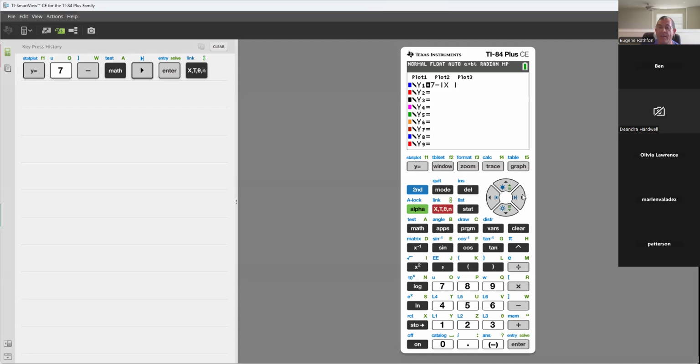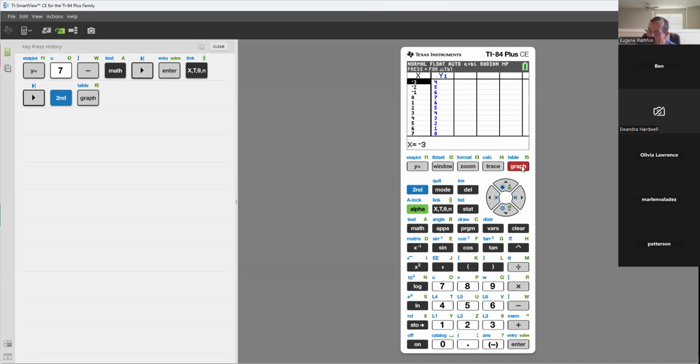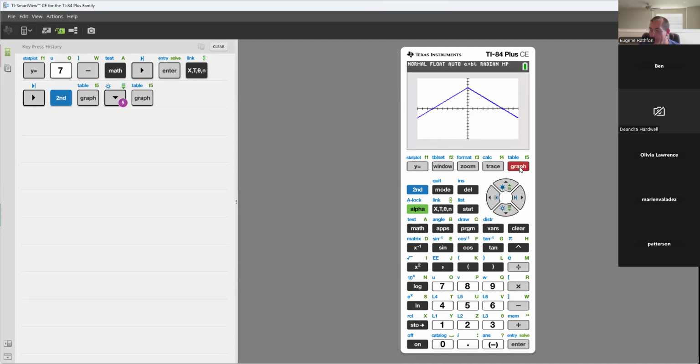And then put my X in there. If you go to second graph, what did my number start at? Negative 2. So there's negative 2, 5, negative 1, 6, 0, 7, 1, 6, 2, 5. So you can get all your values right there. And then if you want to look at the graph, hit graph. And then there's our upside down V-shaped absolute value graph, okay?